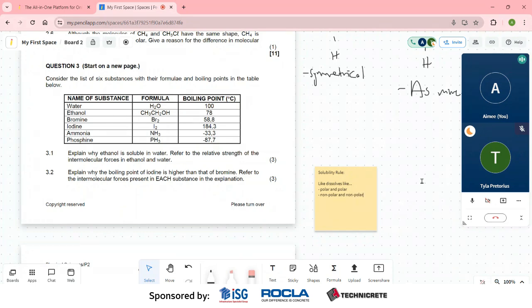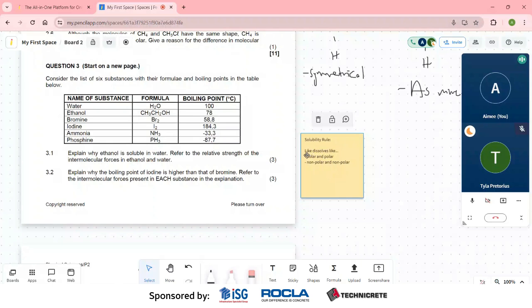So the solubility rule states that like dissolves like, which means that polar substances will dissolve other polar substances, and non-polar substances will dissolve non-polar substances, okay?